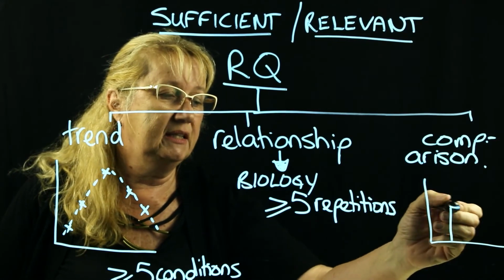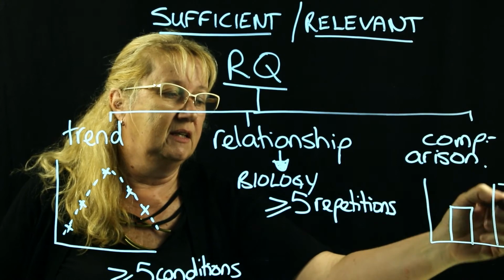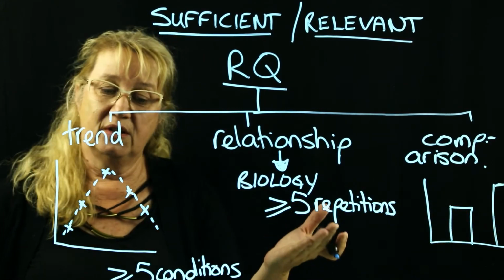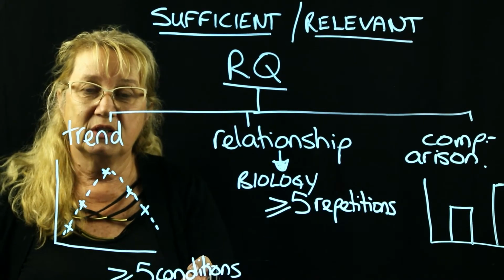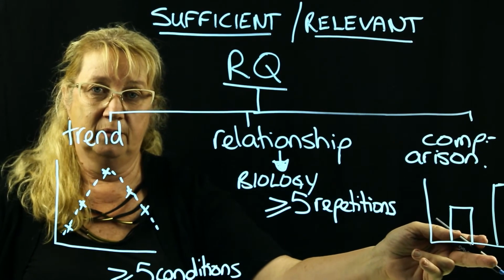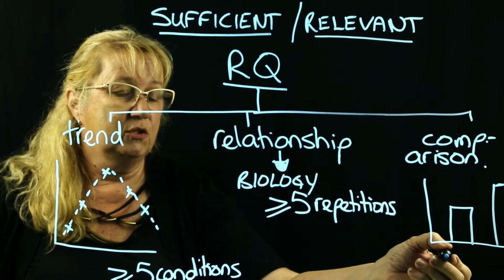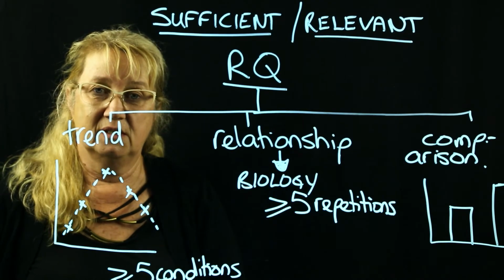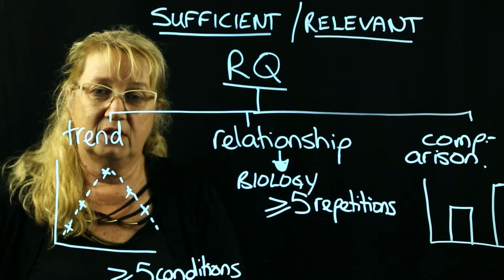So we've got a completely different scenario there. Now we're not going to have 5 or more conditions, we're only going to have 2. This will allow us to do more repetitions so that our data is rock solid.